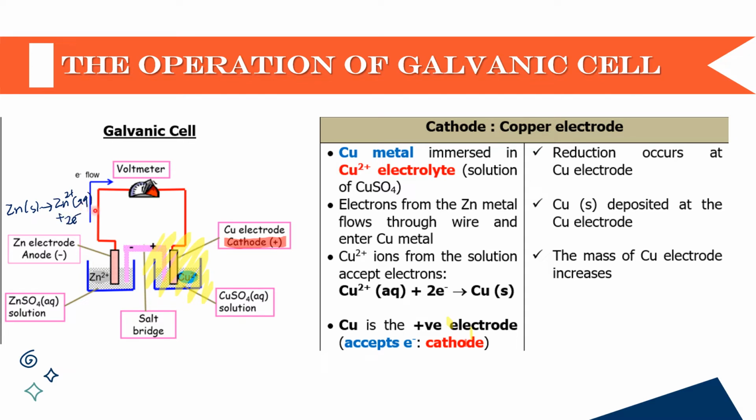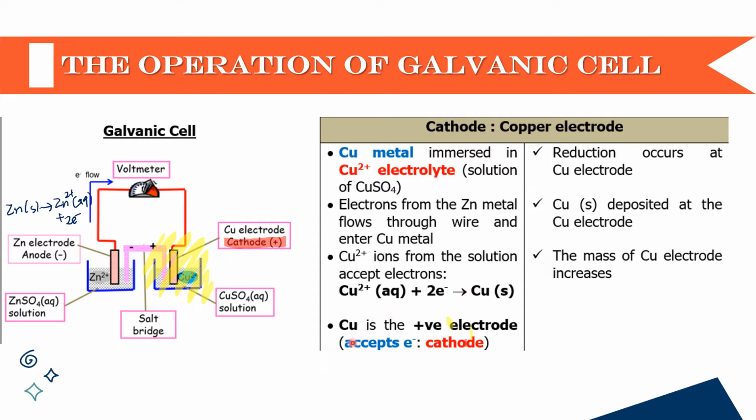The electrons produced from our anode will flow through the wire and enter our copper electrode. Inside this half cell we have copper 2+, and copper 2+ will accept the electrons: copper 2+ plus 2 electrons produces copper solid.